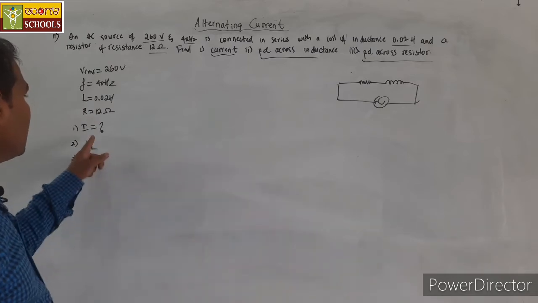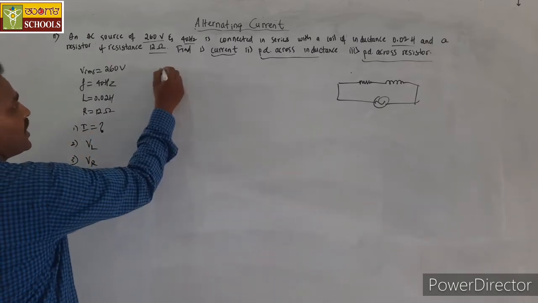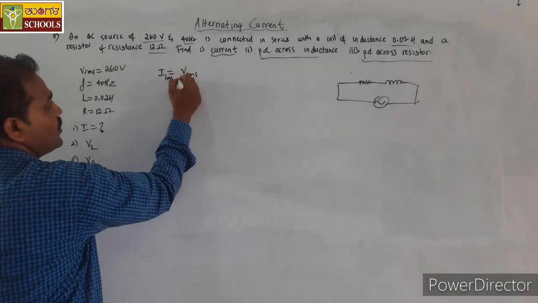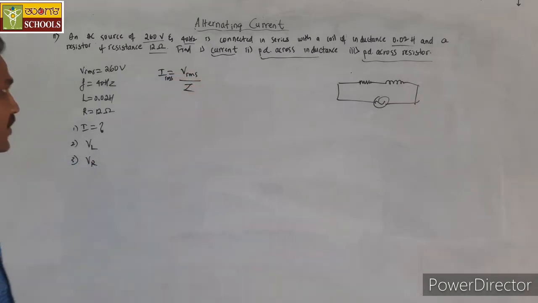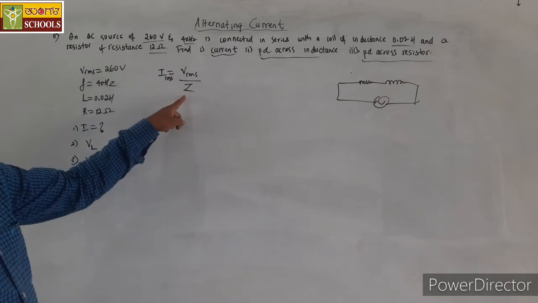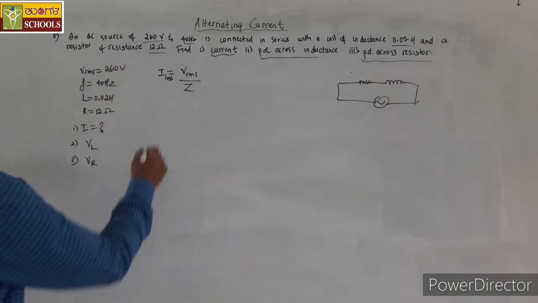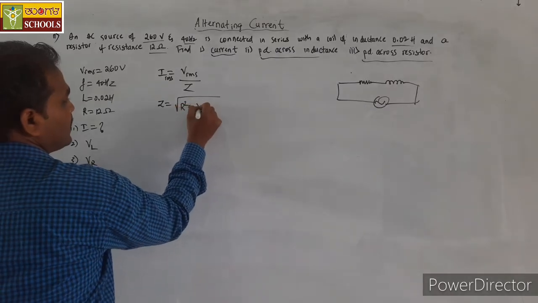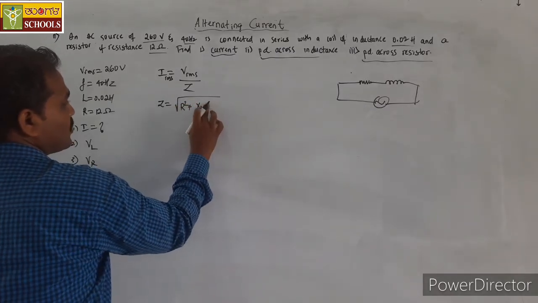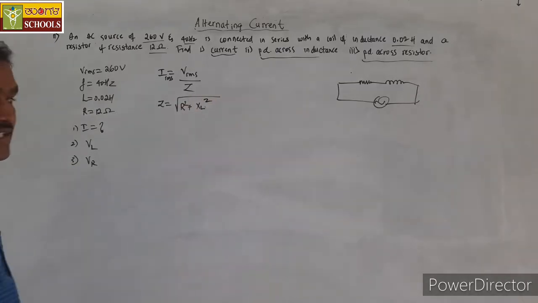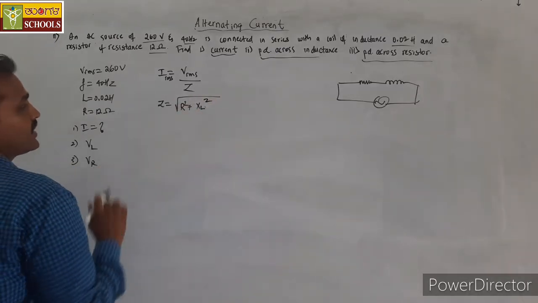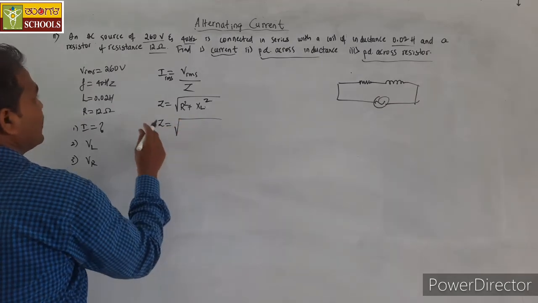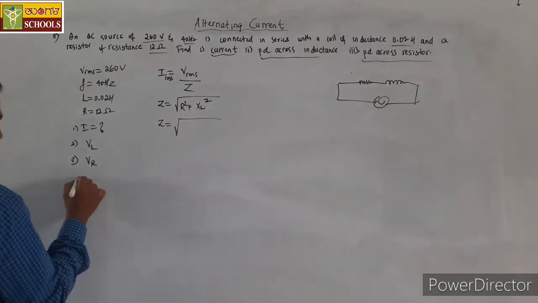So the current in the circuit is given by I RMS is equal to V RMS divided by Z. V RMS we know, we have to find the value of Z. Z is equal to root of R square plus XL minus XC whole square. We don't have a capacitor, so we shall simply write it as XL square. First we shall find the value of XL.